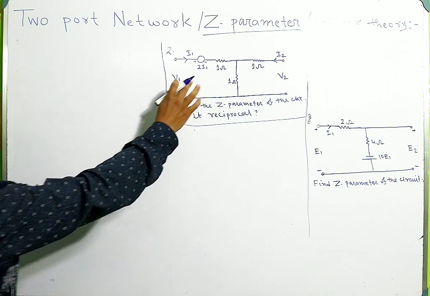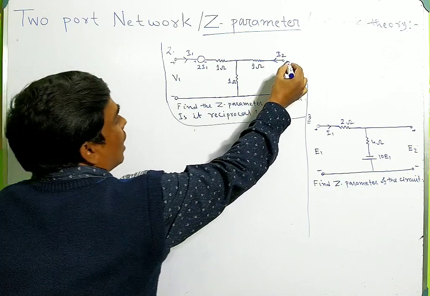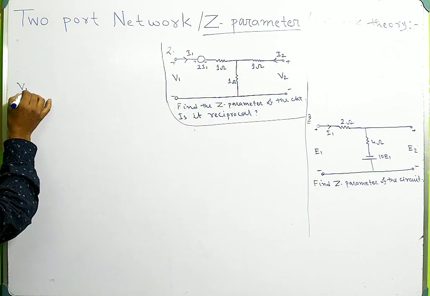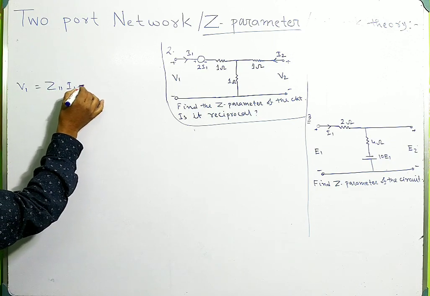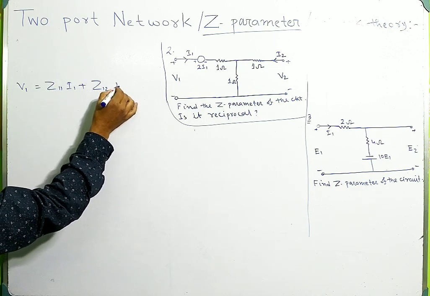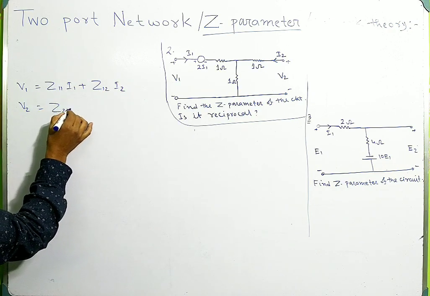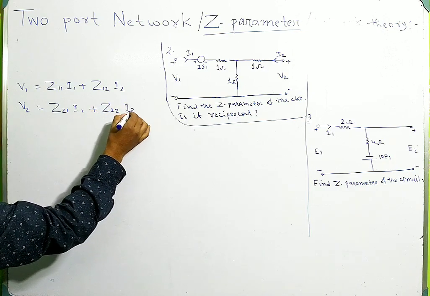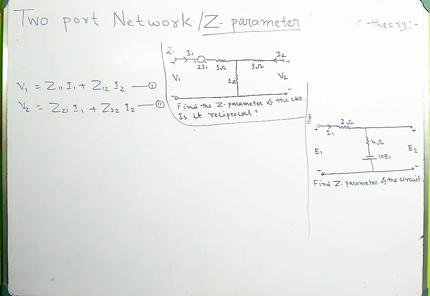If I write the equations of voltages V1 and V2 in terms of Z parameters, V1 equals Z11 I1 plus Z12 I2, and V2 is given by Z21 I1 plus Z22 I2. This is equation 1, and suppose this is equation 2.